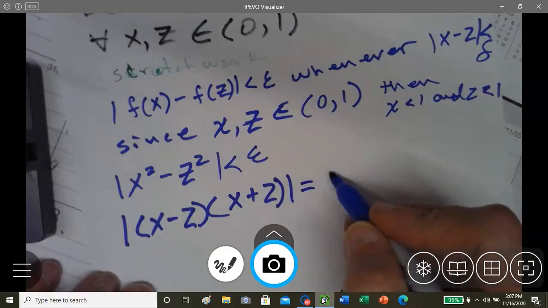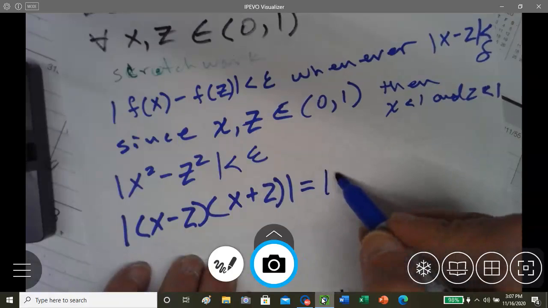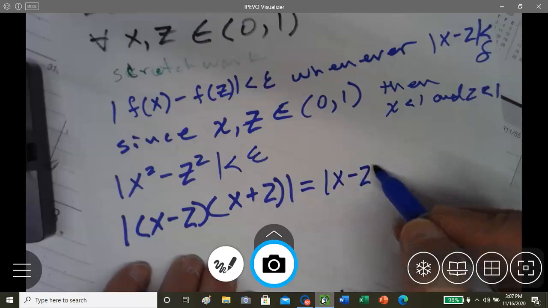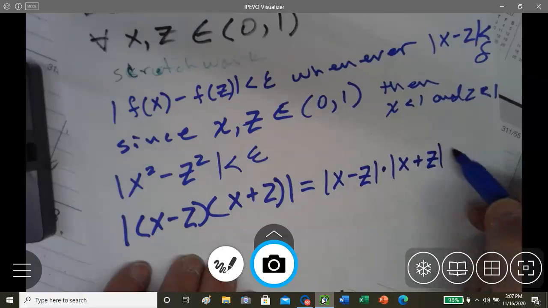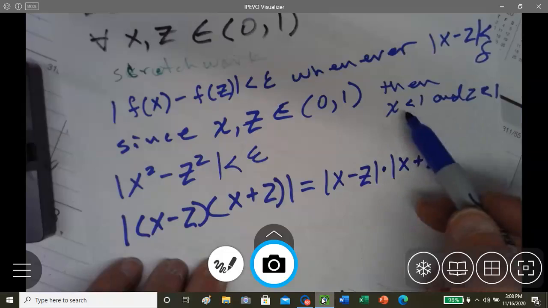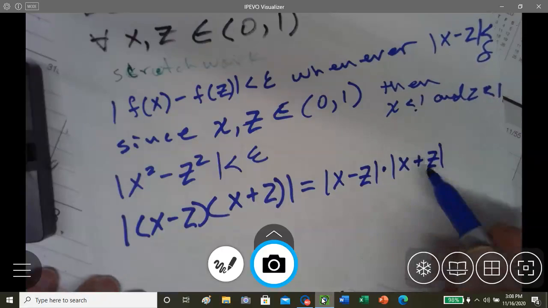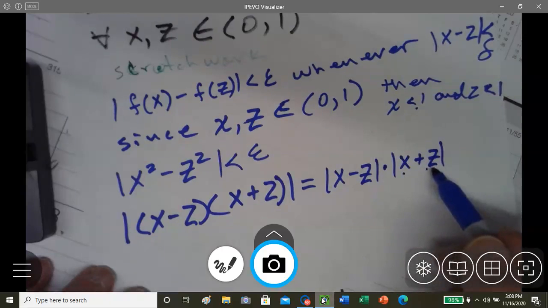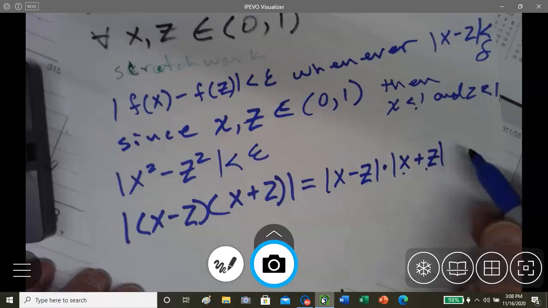We can say, all right, well, this is the absolute value of x minus z times the absolute value of x plus z, and since x is less than 1 and z is less than 1, then x plus z must be less than 1 plus 1.